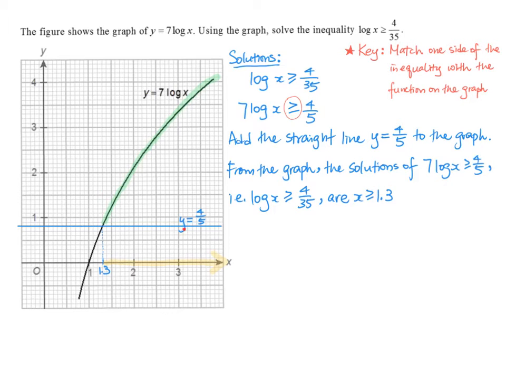And this is true only when the x values are greater than or equal to 1.3, right? And so we write down the solution here, i.e. the original question here. And so the answer is x greater than or equal to 1.3.